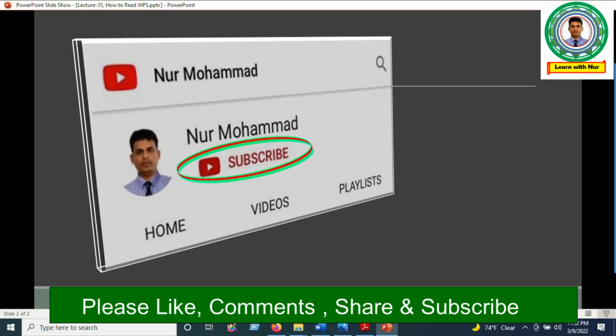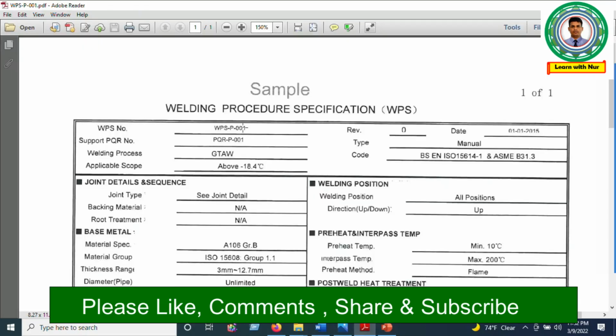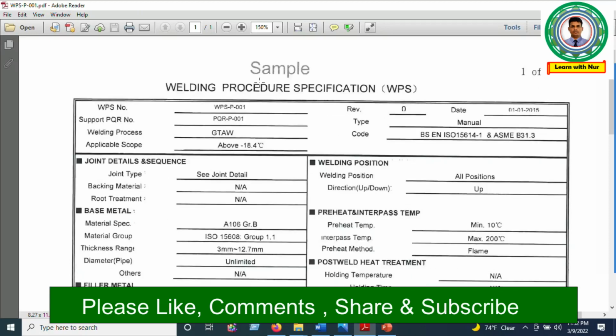Let's start today's lecture. I have attached a sample WPS, welding procedure specification. So in this WPS, what basic information is provided? First thing is the WPS number.